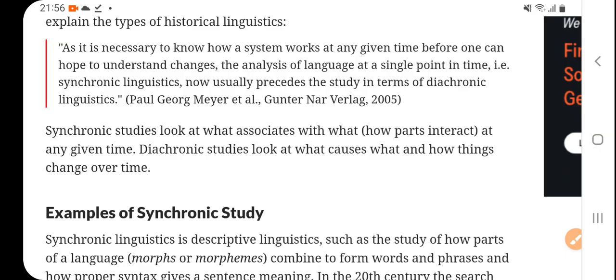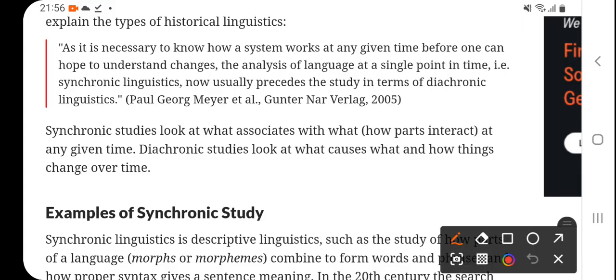Synchronic linguistics is the analysis of language at a single point in time, and it usually precedes the study of diachronic linguistics.